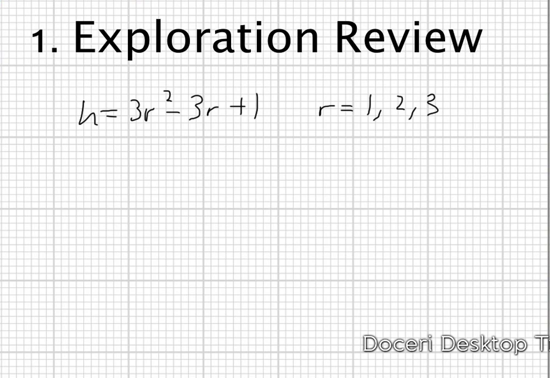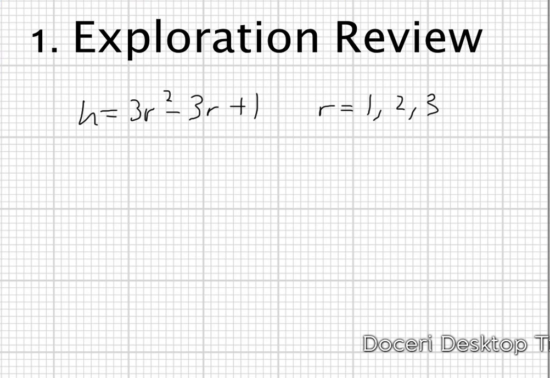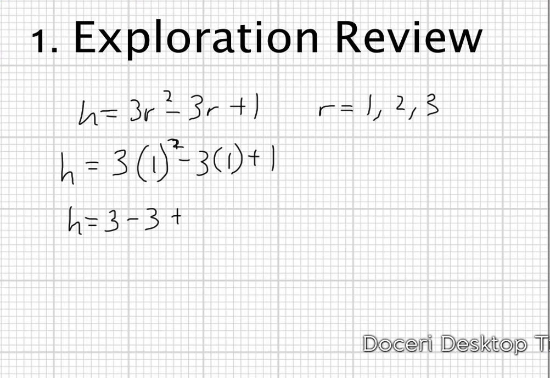All we're doing here, guys, is checking to see if the equation h works for this situation. So all I have to do is substitute in r. I have h equal to 3 times 1 squared minus 3 times 1 plus 1. This gives me h equal to 3 minus 3 plus 1, which is 1. So it checks out.